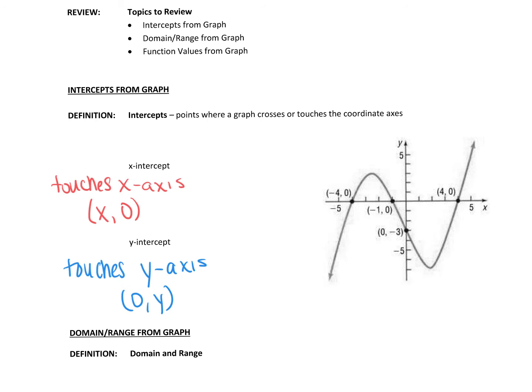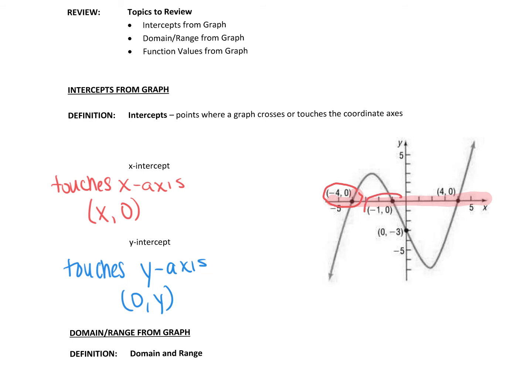So if you look at this graph, here's what happens. We can pick x-intercepts and y-intercepts from this graph. If we want to find x-intercepts, we're looking at where it crosses the x-axis. So anything that touches the x-axis is going to be an x-intercept for us. So we have this point right here, negative 4, 0.